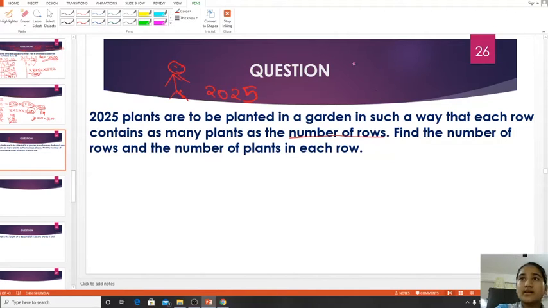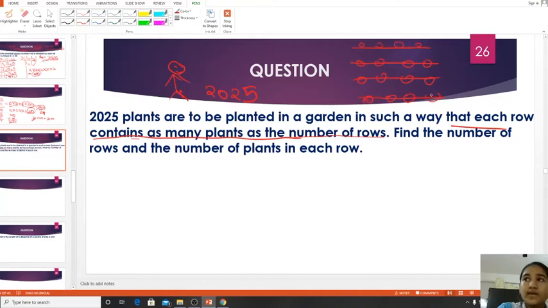That means these are the rows. For example, there are 4 rows, so there are 4 plants in each row. That each row contains as many plants as the number of rows. For example, if there are 4 rows, then he wants to plant 4 plants in each row.